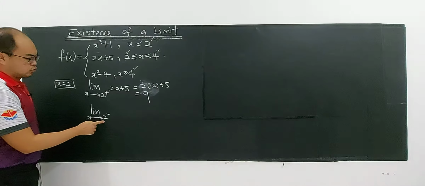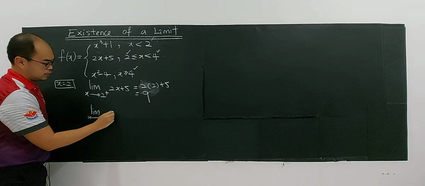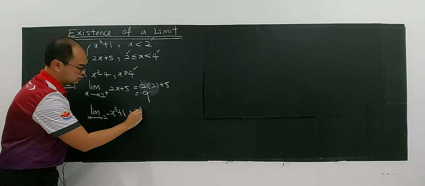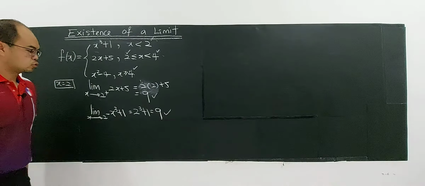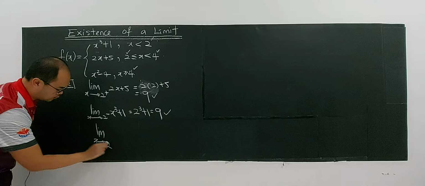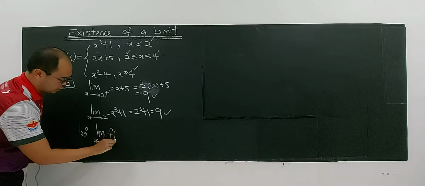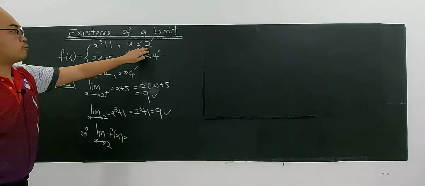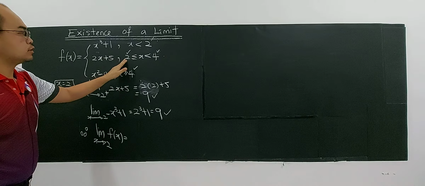You're getting 9. From the left of 2, x less than 2, it will be x cubed plus 1. You substitute, you get 2 to the power of 3 plus 1, you are still getting 9. So I can conclude the limit as x approaches 2 for this function exists, even though the function to the left of 2 is different from the function after 2.